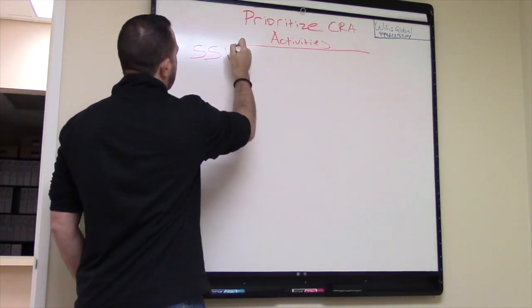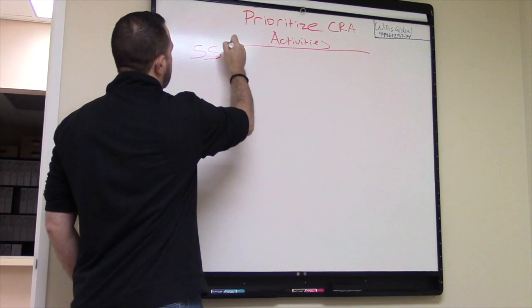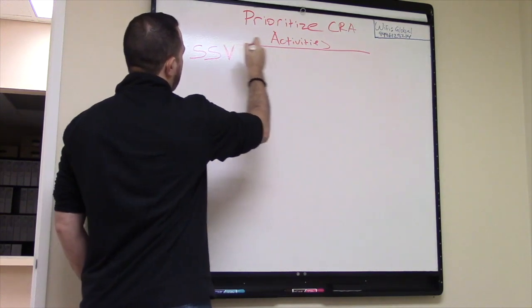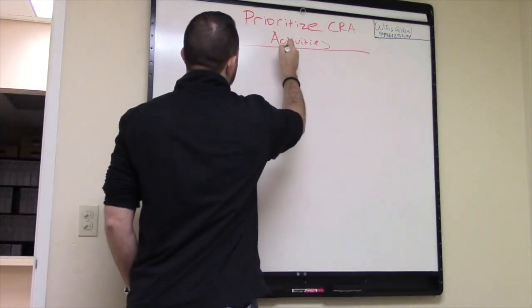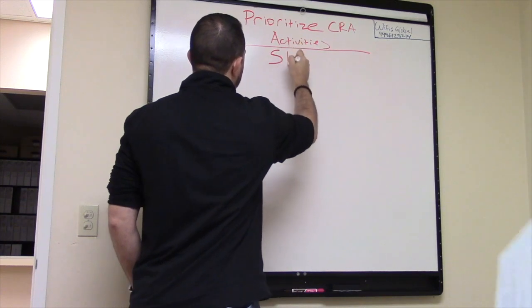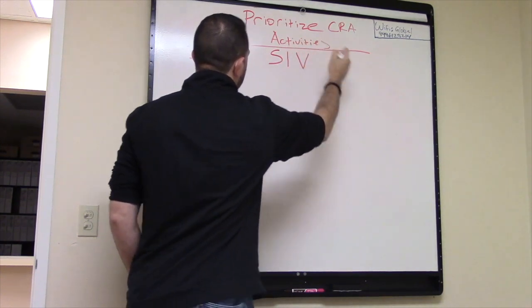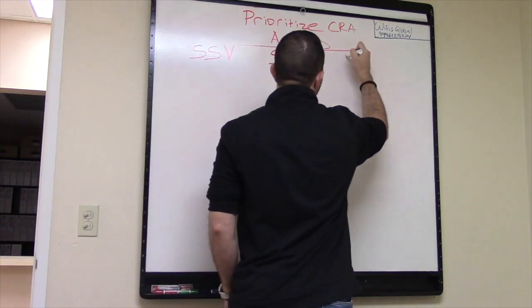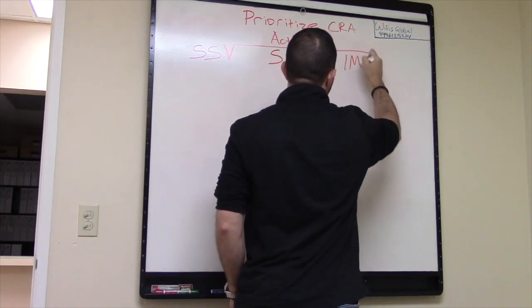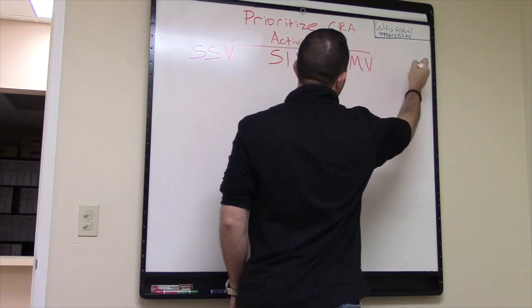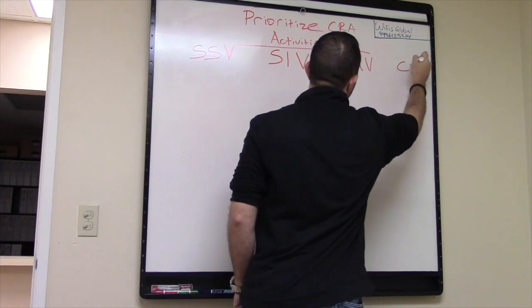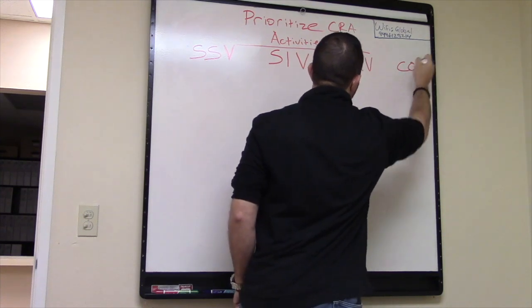We need to deconstruct everything. So you have a site selection visit, then a site initiation visit, then a whole bunch of IMVs, and then a closeout visit.